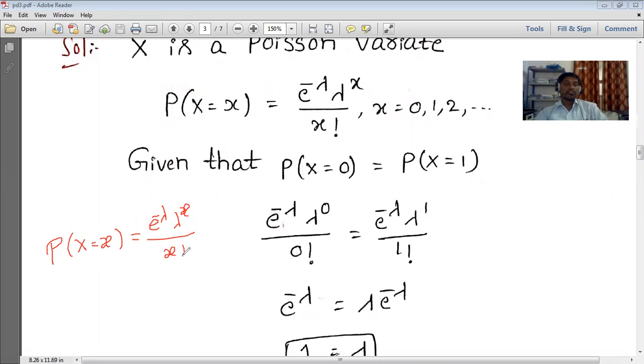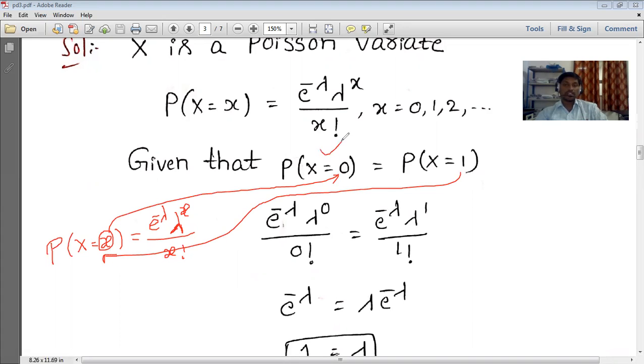Now in place of small x, what we have? You can compare this one, x is equal to 0, and here it is x is equal 1. So it means in place of x we have to substitute 0 in first one and 1 in second one. Okay, that we substituted here.